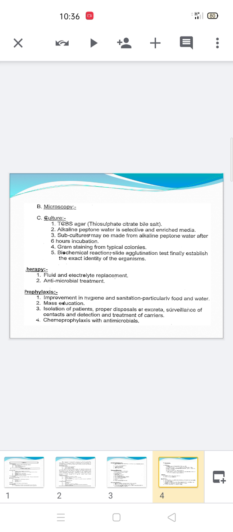And mass education, meaning health education, about how Vibrio cholerae spreads, as well as about sanitation and proper washing of hands by mothers, and washing your hands if you handle the patient, as well as detection of carriers by different tests and chemotherapy. Thank you very much. This is the end of this topic.